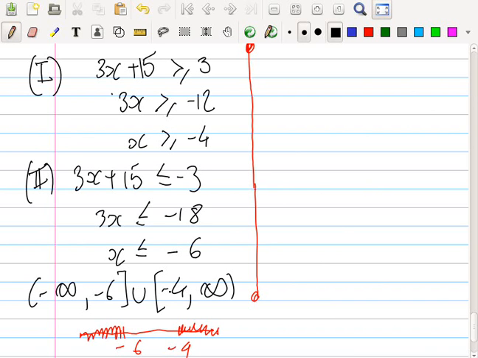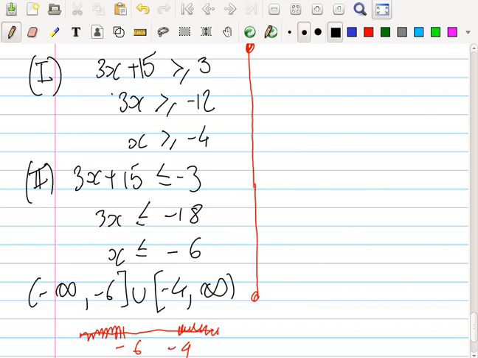So what do you think the second method is for solving this? Yeah, you can square everything. Okay, can you see the second way now?